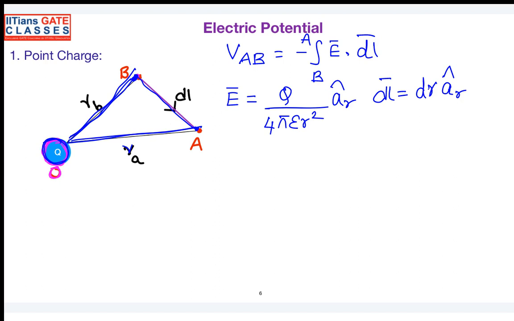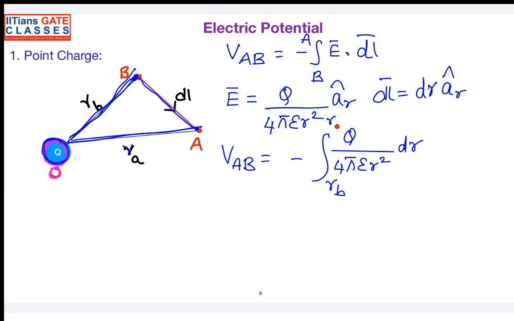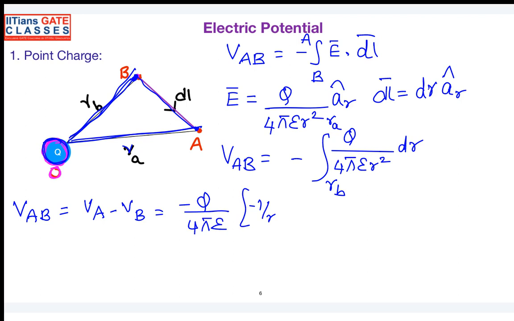So what will be the VAB right now? Take the dot product of E and dl. It is minus integral q by 4 pi epsilon r square into dr. The lower limit is RB and the upper limit is RA, so point B to point A. So VAB is equal to VA minus VB, which is minus q by 4 pi epsilon, and the integration of 1 by r square is minus 1 by r, from RB to RA.